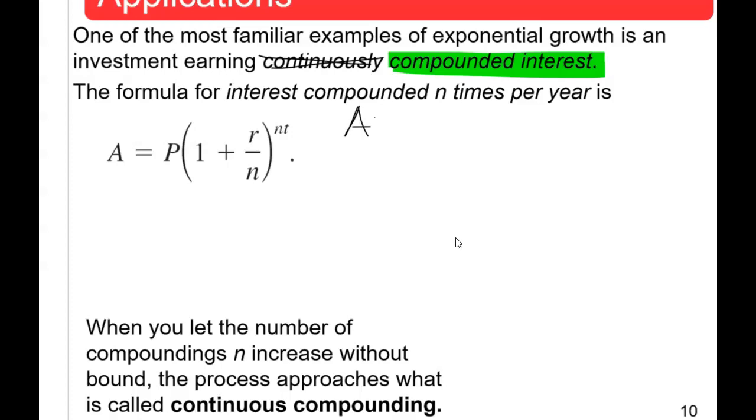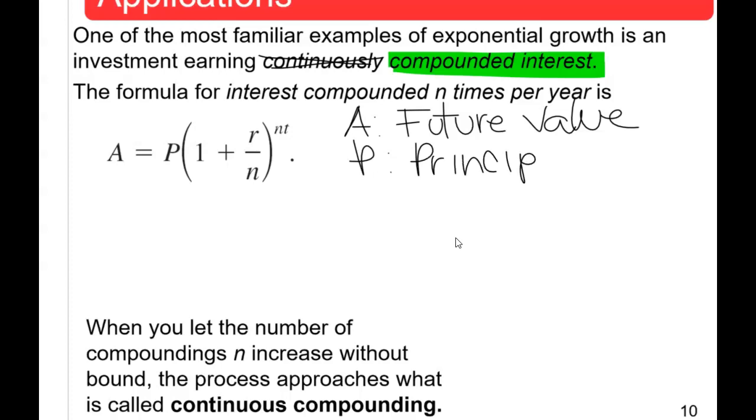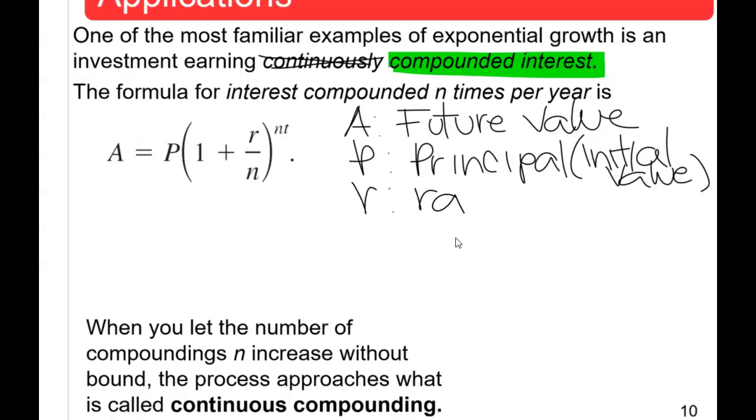So capital A is representing future value. And then we have capital P representing principal, which is the money that you put in, or your initial value. Okay, and we have R for rate. So this is the rate, and it's going to be in decimal form.